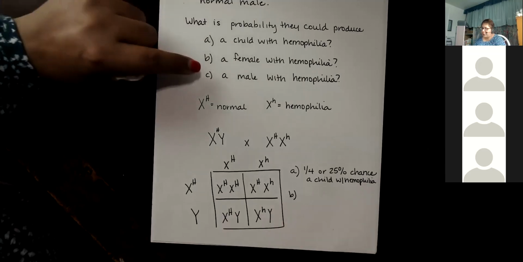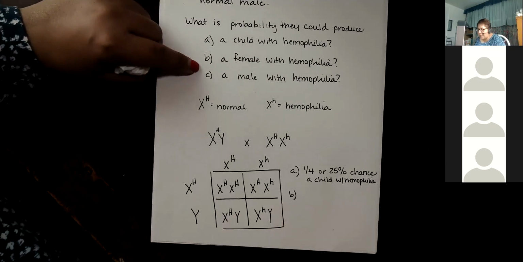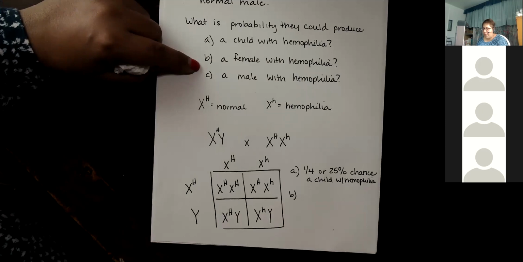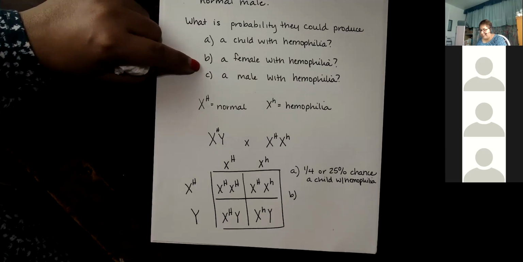The second question is actually asking you two things at once. What is the probability they're going to be female, and what is the probability that they're going to have hemophilia? So for letter B, we're going to look at only the female children. We're going to ignore these two on the bottom because these are male offspring.